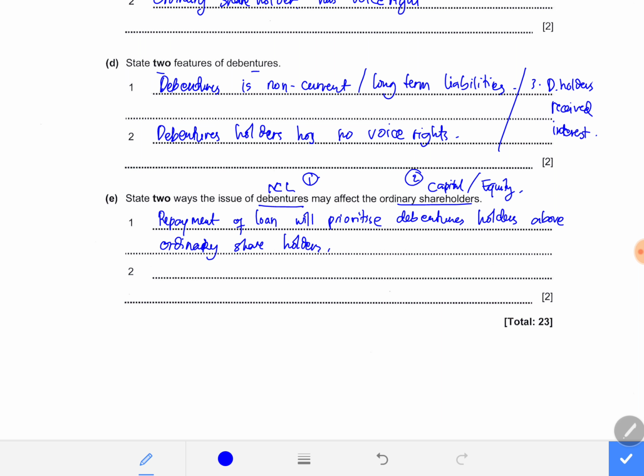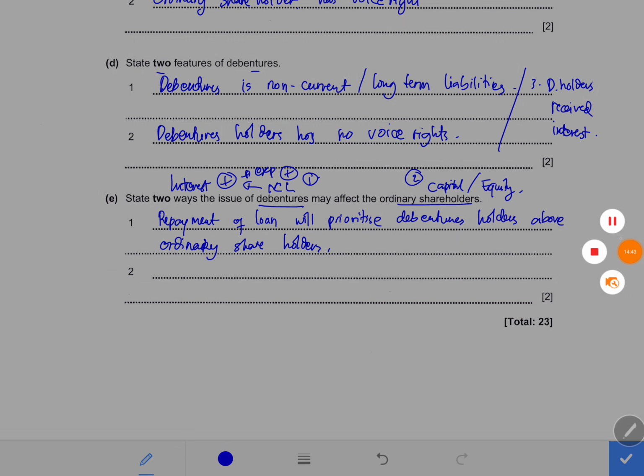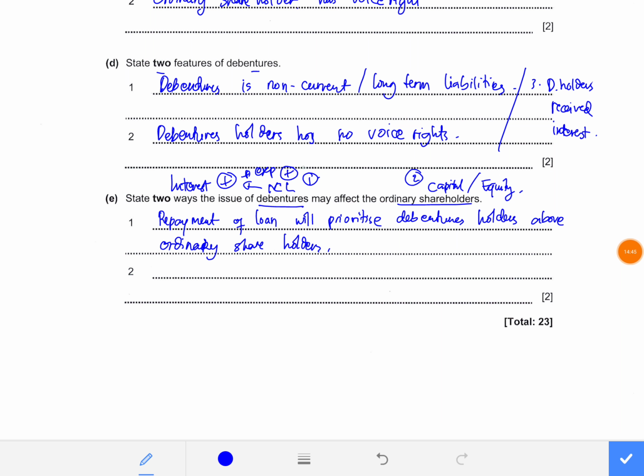And also, whenever there are debentures, or any NCL, interest on the loan will increase, and interest is an expense. If expenses increase, that means profit decreases. If profit decreases, the dividend given to ordinary shareholders will decrease also. So, two ways.